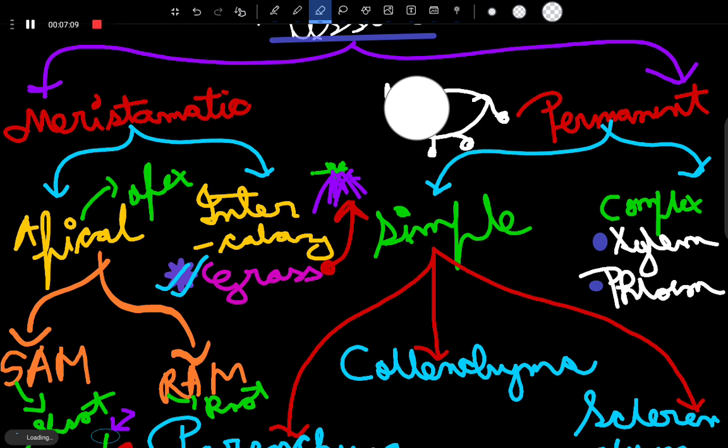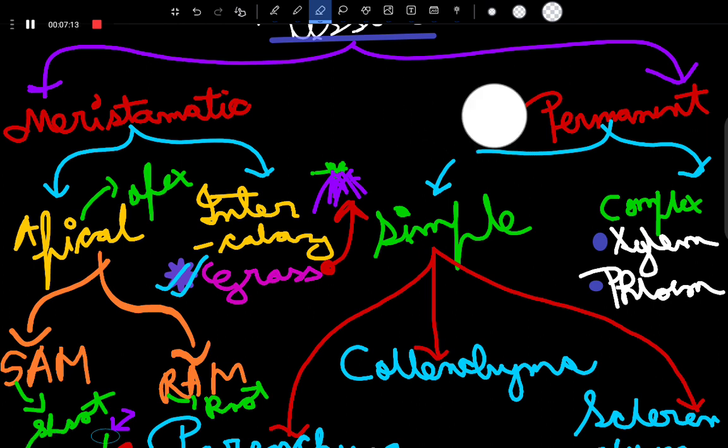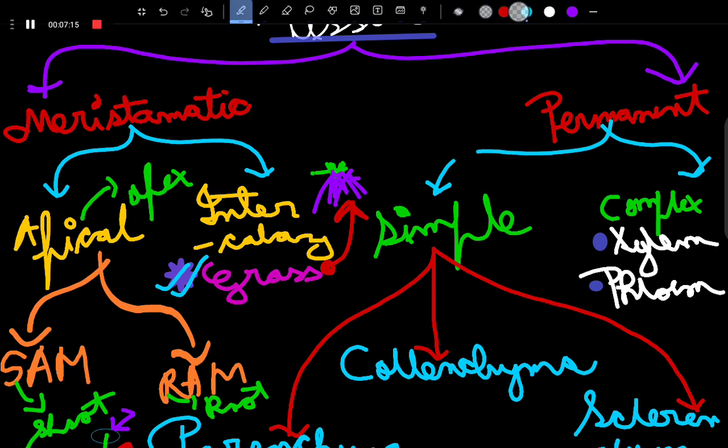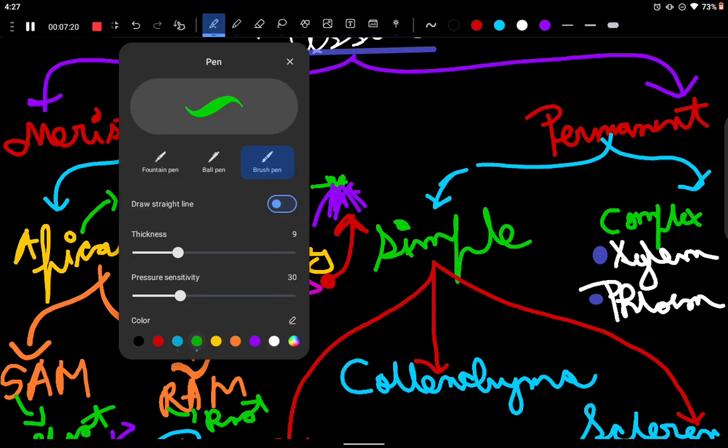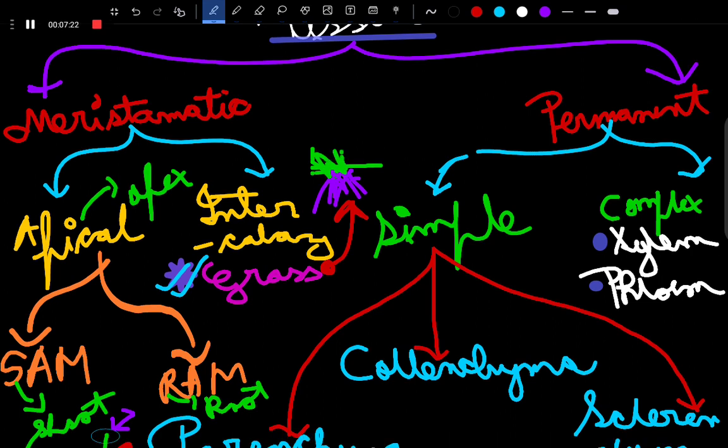Now, let me just draw those meristems and remove this Mr. Cow. Okay. See this. Here, the grass was eaten up at this level, right? And at this level also, you get some bits of meristem.